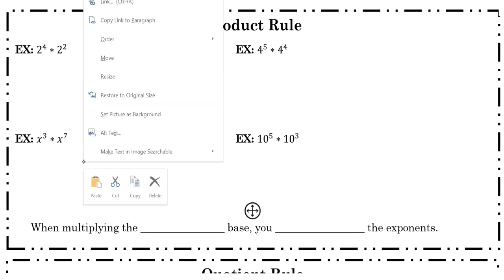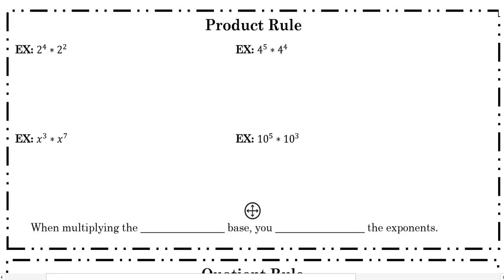So the first rule that we are going to look at is our product rule. So we're going to go through a few examples and then come up with the general rule that is the product rule. But first we want to understand how we come to that conclusion.